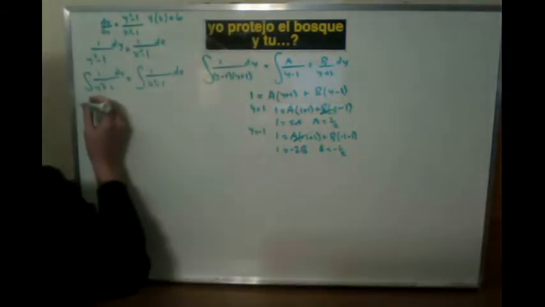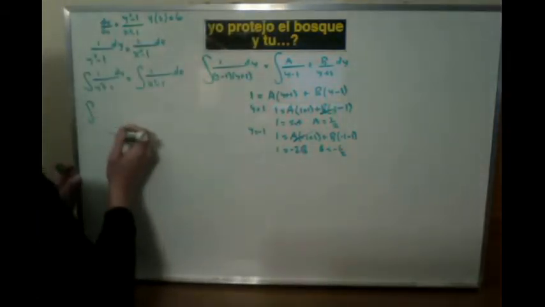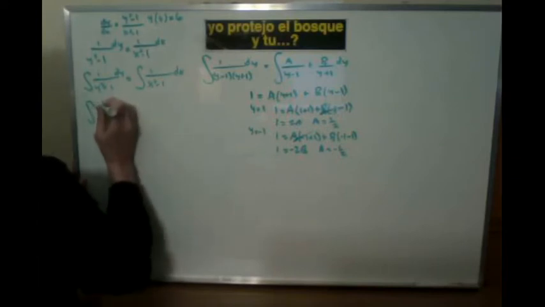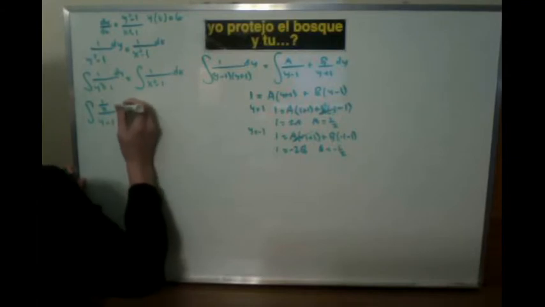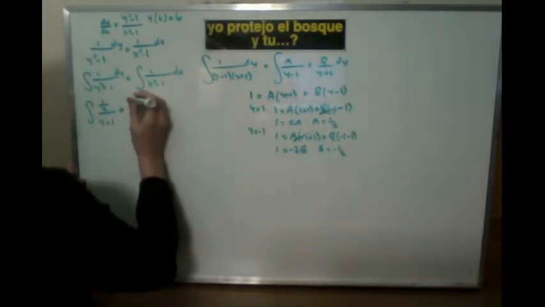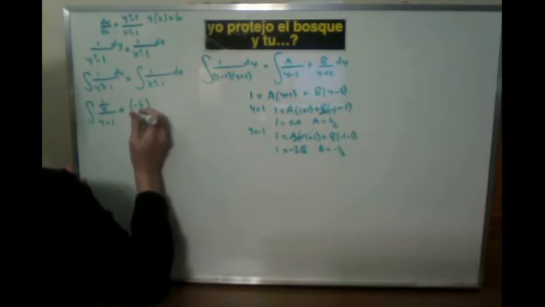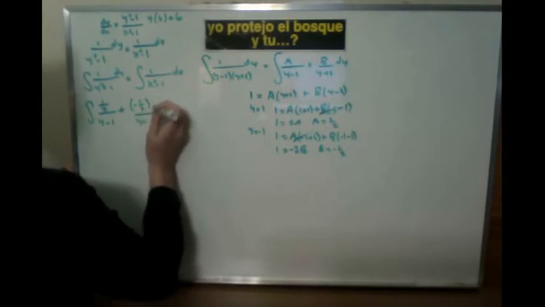This gives us the integral of 1/2 over y minus 1 plus negative 1/2 over y plus 1.